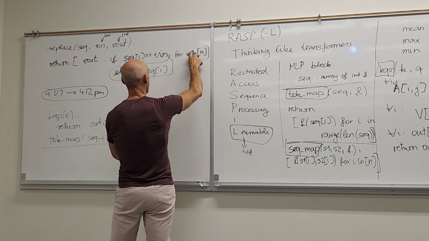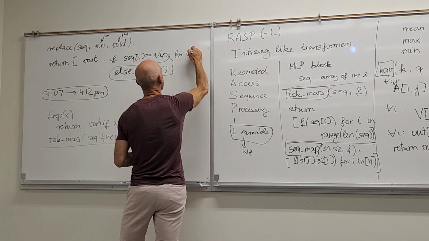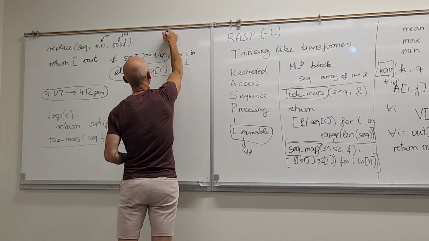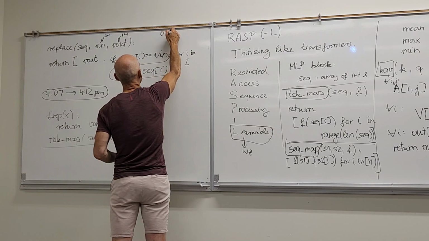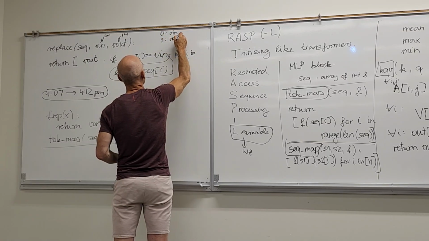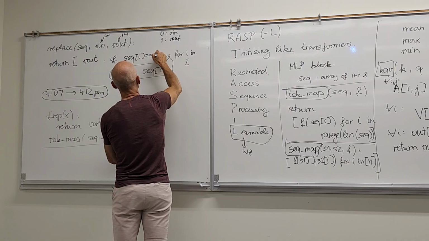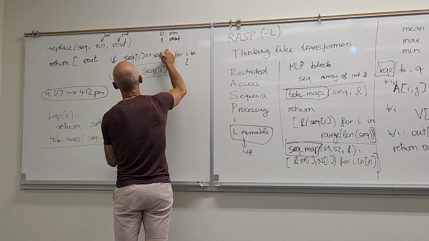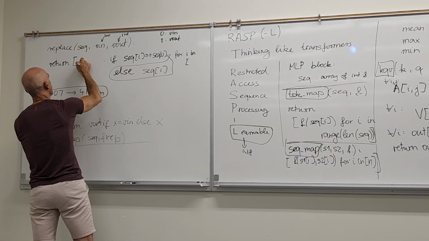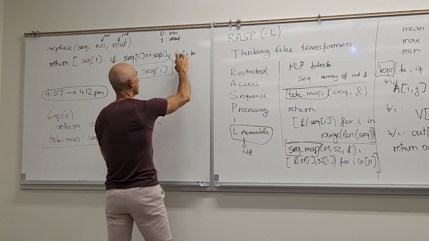So for every position, okay, the indexing starts at 0. So at index 0 we're going to have V in, and at index 1 we have V out. So let me correct this to sequence 0, and this to sequence 1.